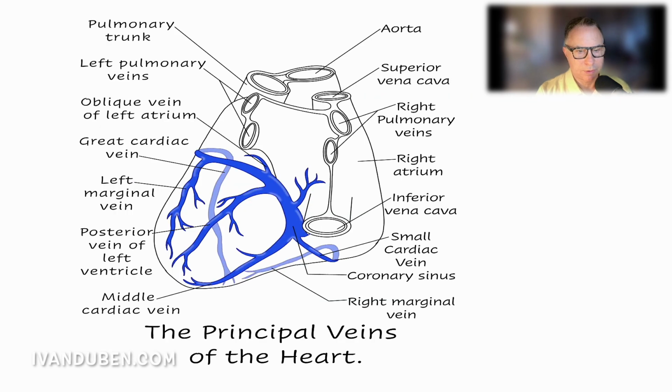So if we're just looking at principal veins of the heart, what's important to remember is that accompanying this branch-like structure, we do have lymphatic vessels that are supporting the venous and arterial, but this image just has the great principal veins of the heart.